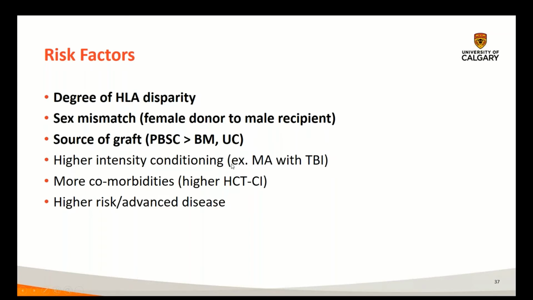There has been some inconsistent data about the intensity of conditioning, with perhaps myeloablative conditioning with TBI resulting in a higher incidence of acute GvH, higher comorbidity index, and higher risk or more advanced disease playing into risk in some studies as well.